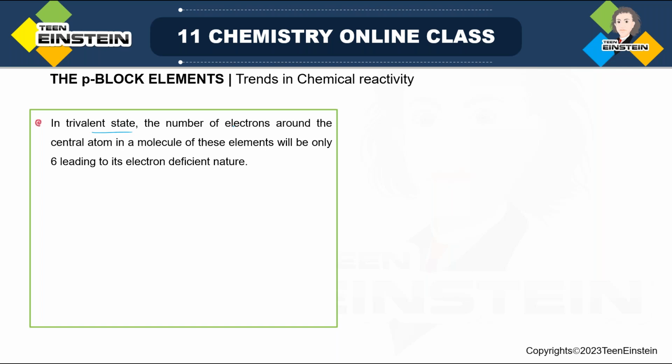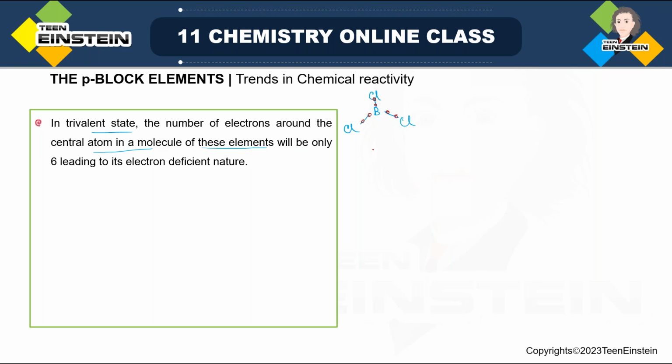In the trivalent state, the number of electrons around the central atom in a molecule of these elements will be only 6. Just take the BCl3 example. Here we have a total of 3 boron-chlorine bonds. How many electrons are involved? One is coming from boron, another one is coming from chlorine.